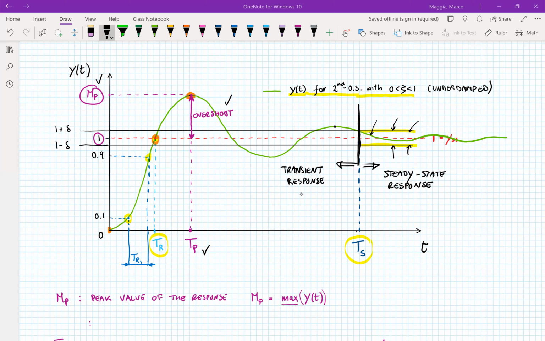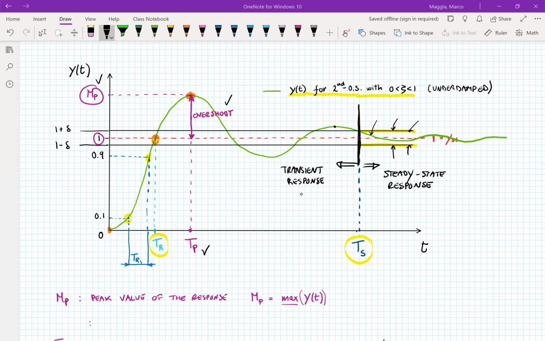So how do we define the requirements and the performance indices? Well, there's a standard for it, and the standard is to consider a second order system and a step input. And so we define the performance indices according to the response of a second order system to a step input.